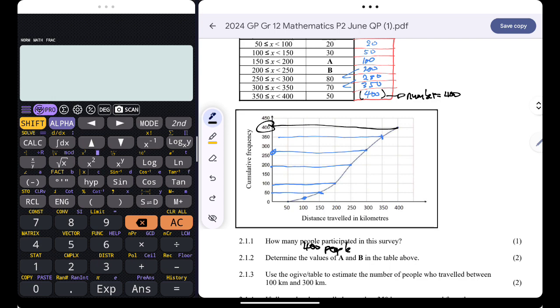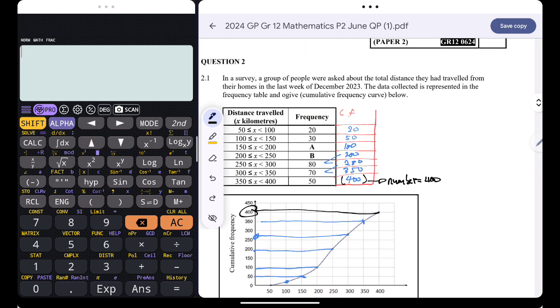Now they want us to determine the values of A and B. I know that for me to get the value 100, I just need to say 50 plus A, which gives me 100. Therefore, A is equal to 100 minus 50, so A will be equal to 50.